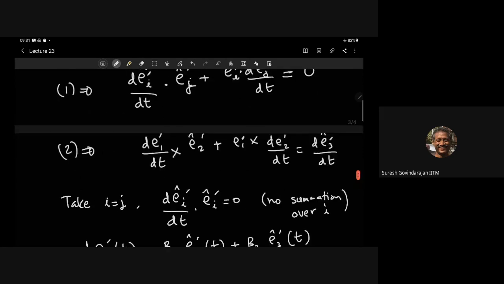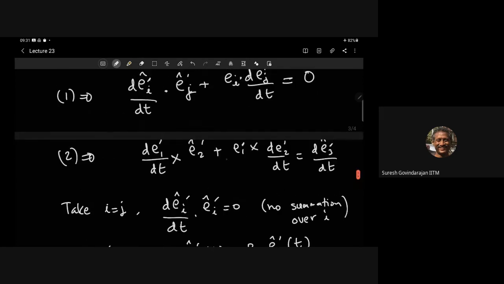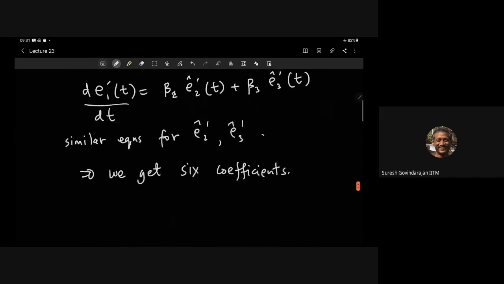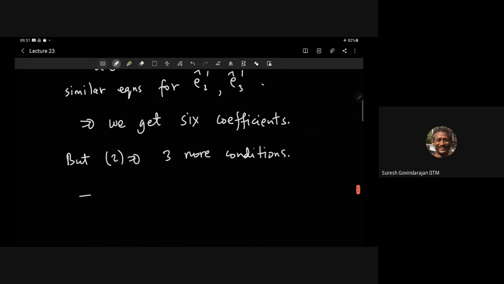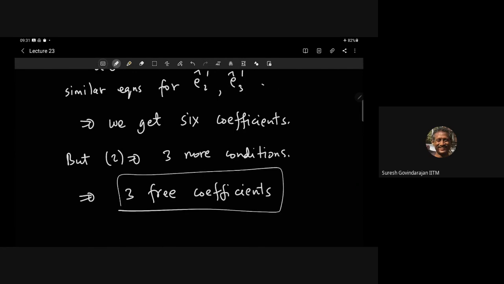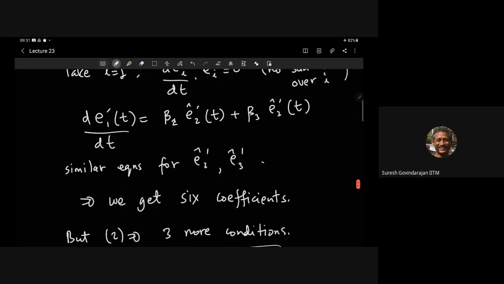But we have 3 additional equations, because 2 implies more conditions, 3 more conditions. So that implies 3 free coefficients. Is my counting clear? We got 6 from just imposing 1.